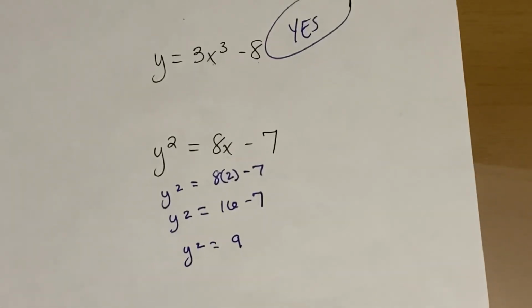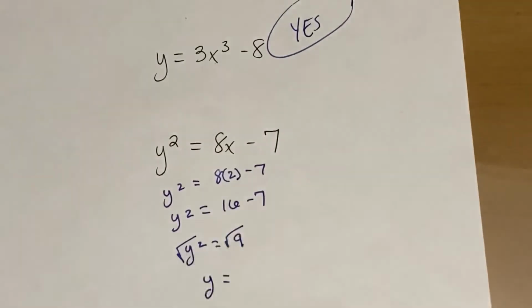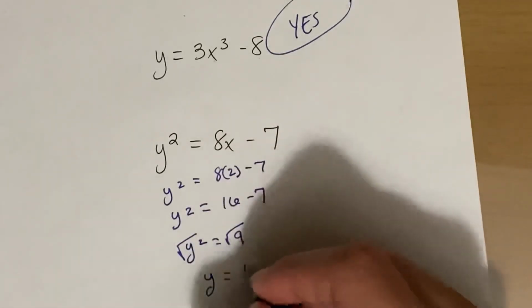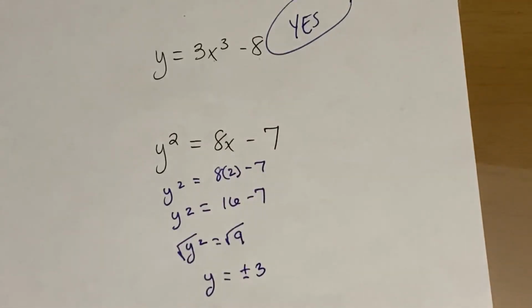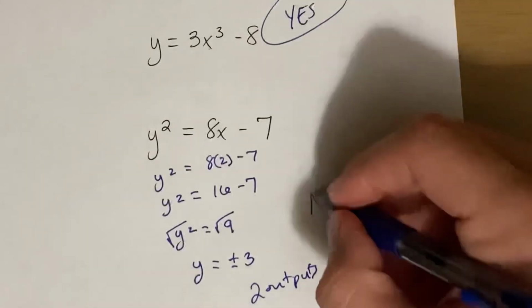So then how would I solve for y? Well, I take the square root of both sides, right? Now the square root of 9, that could be 3, but it could also be negative 3, right? Okay, so since that gave me 2 outputs, that is not a function.